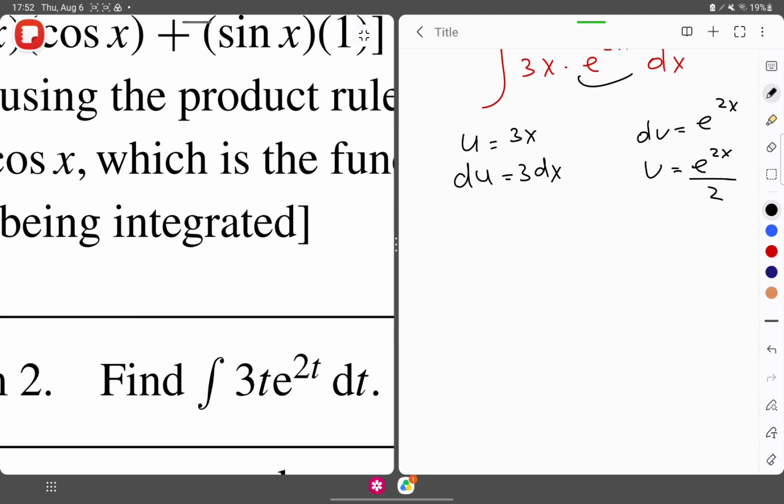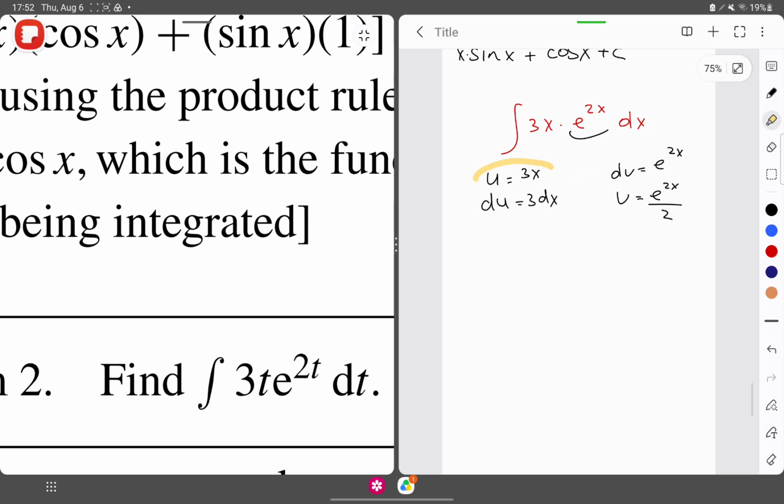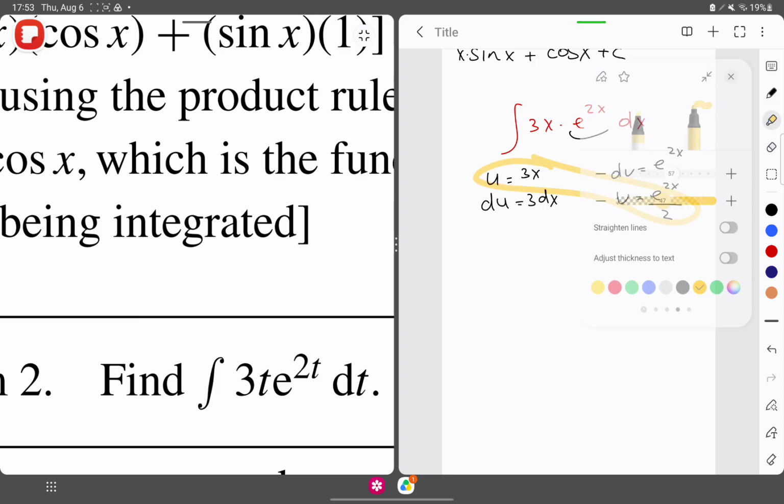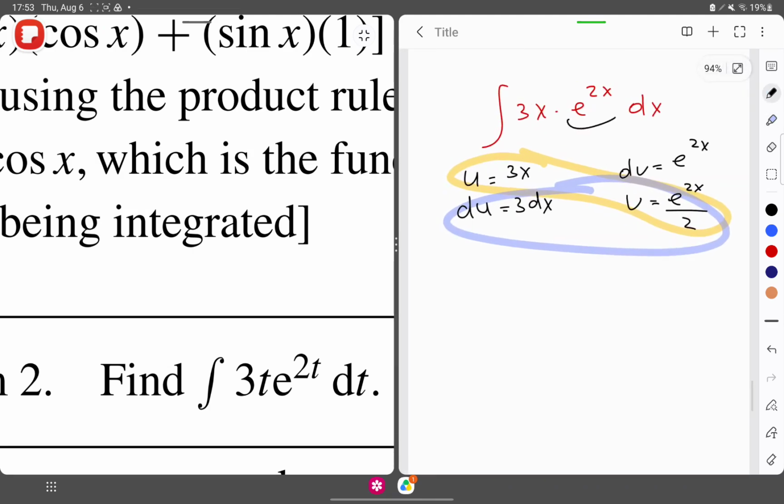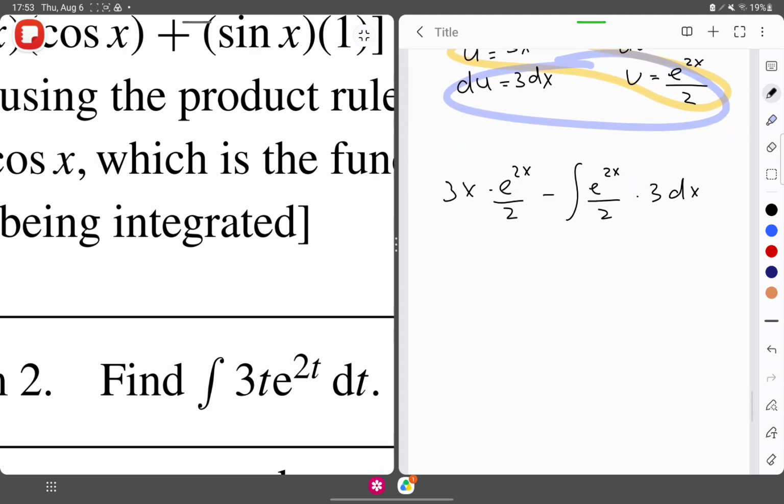All right, and then let's do this: 3x times e to the power of 2x over 2 minus the integral of e to the power of 2x over 2 times 3dx.